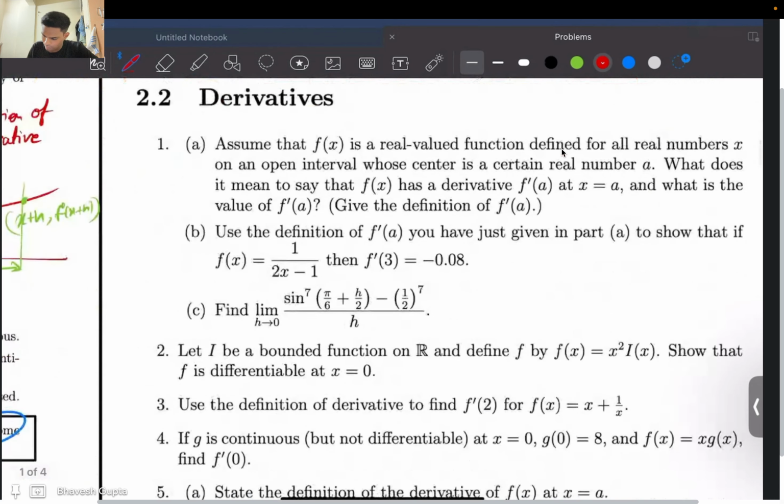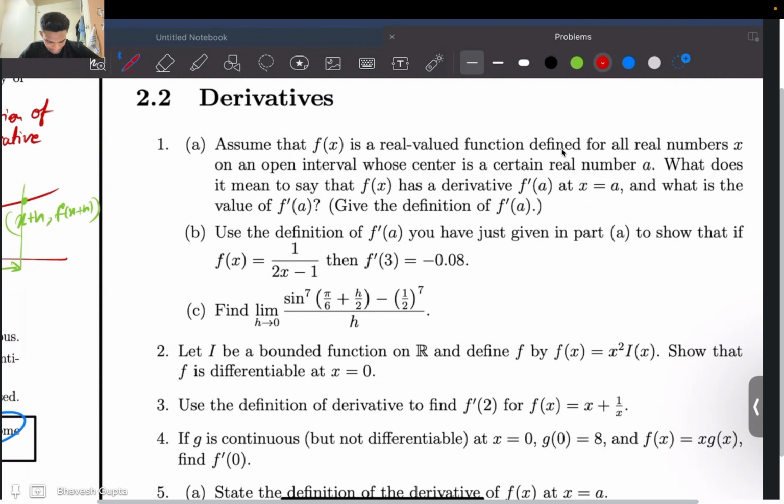Now let's go to the second part, derivatives. In the case of derivatives, the first question asks that we assume a real valued function defined for all values of x on an open interval whose center is a certain real number a. So what does it mean to say that the function has a derivative at x equal to a?